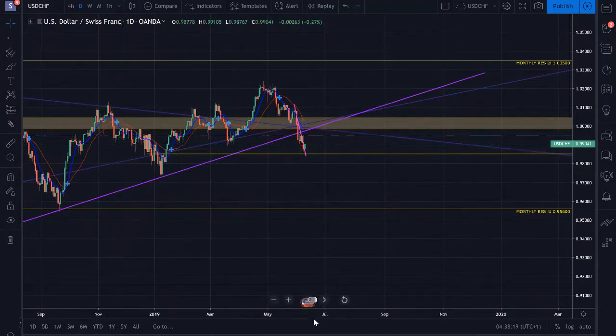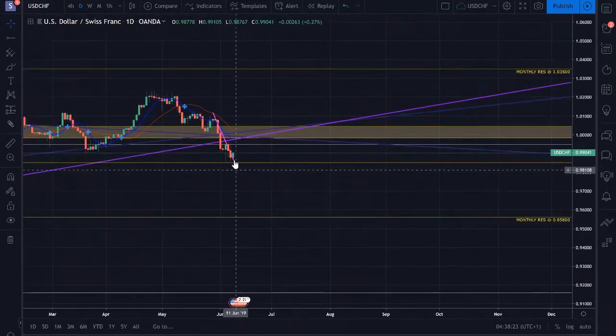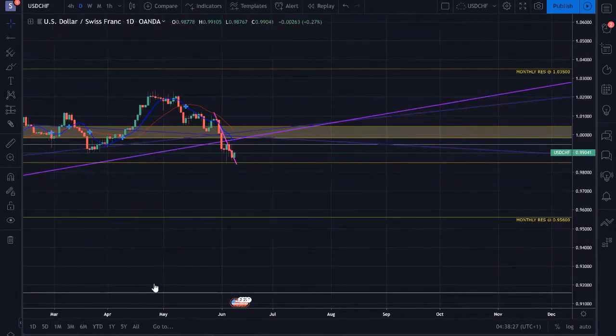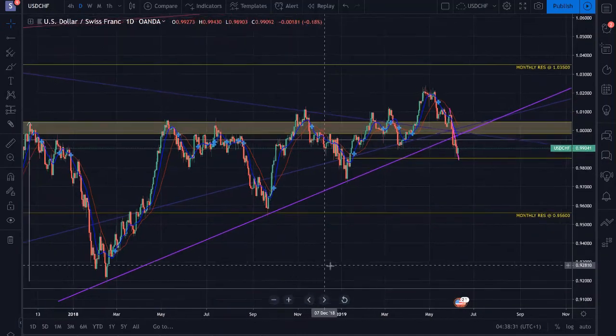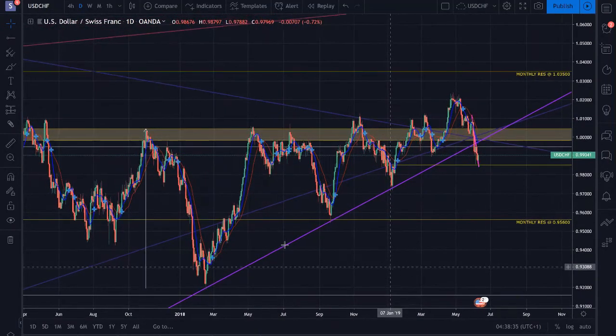I've got again a counter trend line which we have broken above right now. So I see this price appreciating over the next few weeks.